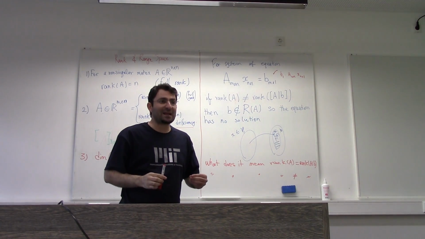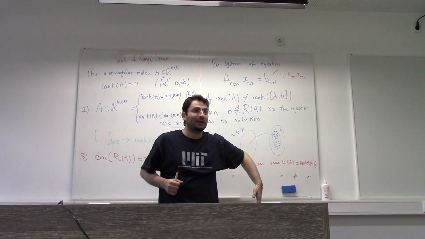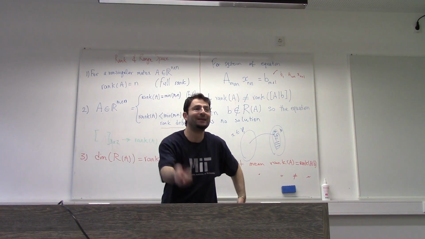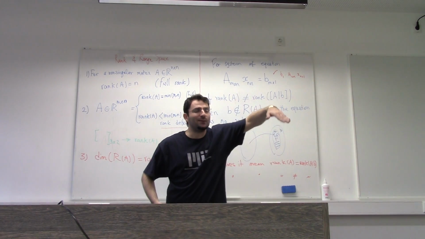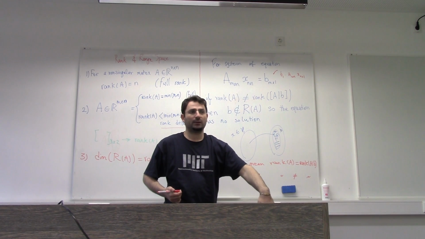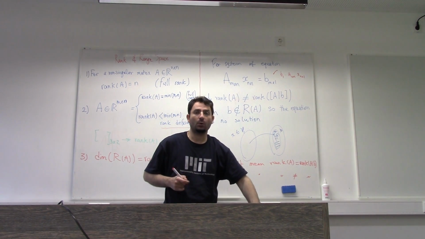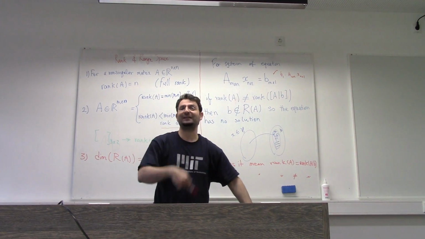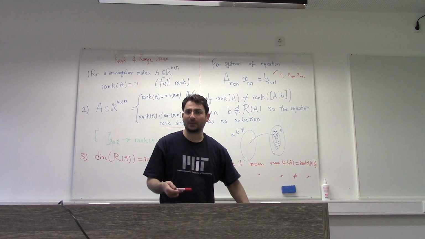So this means that if I am putting b next to A, I am not introducing anything independent. It's a dependent thing. And if I'm adding one dependent column, do I change the rank? No, because rank tells me the number of independent ones. So if I add the dependent ones, I know that rank is not being changed.